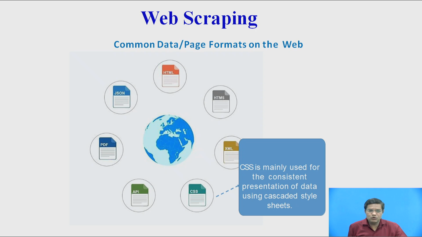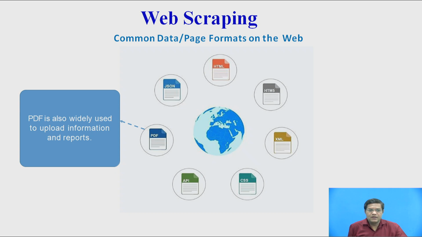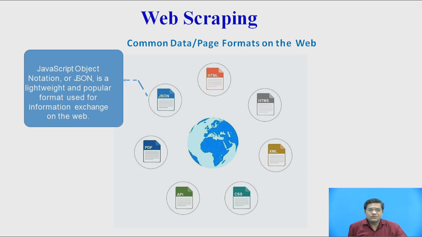CSS is mainly used for the consistent presentation of the data using cascading style sheets. API interface is now becoming a common practice to extract information from a website. PDF is also widely used to upload information and generate reports. JavaScript Object Notation, or JSON, is a lightweight and popular format used for information exchange on the website.